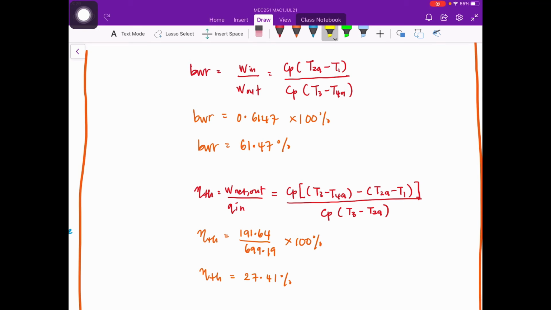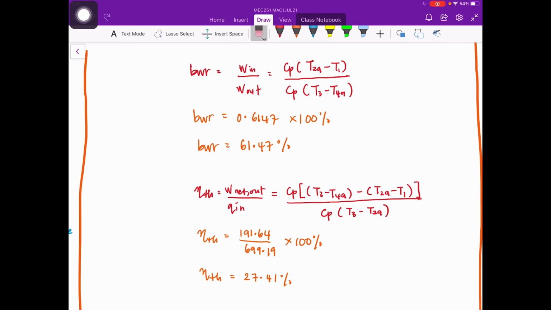So the net work output is given by this expression, and the heat transfer in is given by this expression. These expressions can be obtained from the steady flow energy equation.